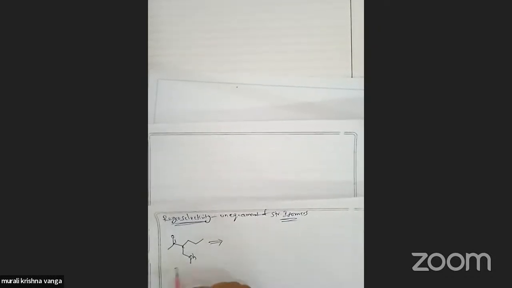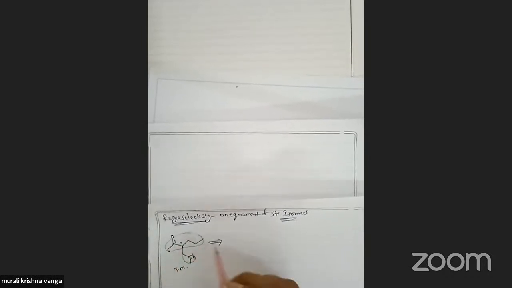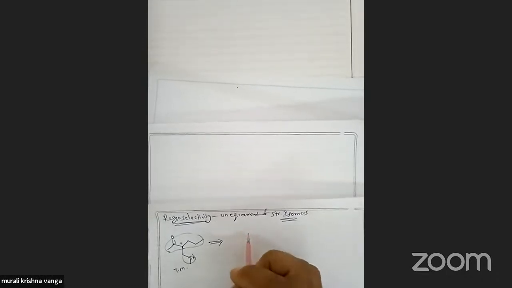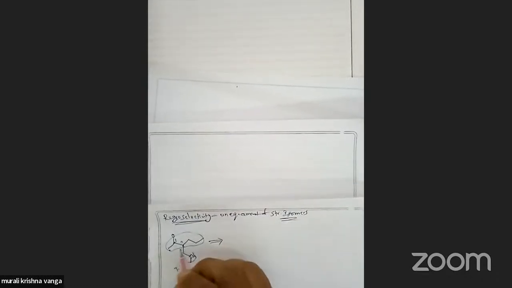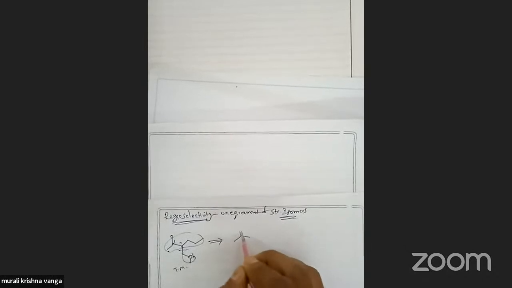So when this is the target molecule, 3-benzyl-2-cyclohexanone, and this target molecule undergoes functional group conversion, if the bond is cleaved, then it forms 2-cyclohexanone as the product.